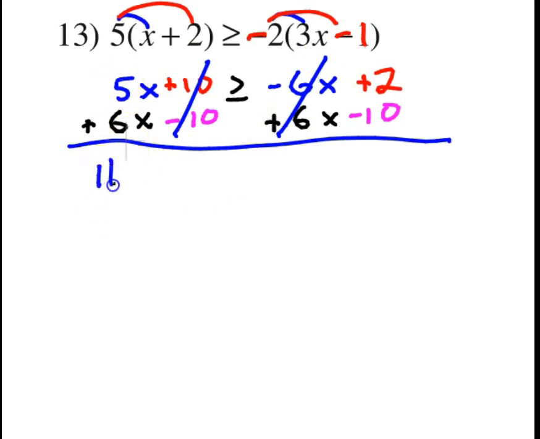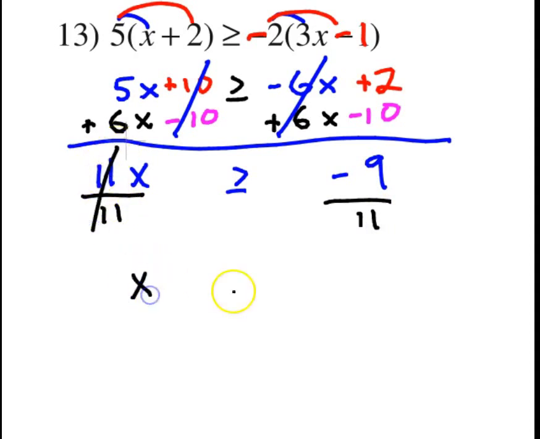We have 5 plus 6 is 11. And negative 10 plus 2 is negative 9. And go ahead and divide both sides by 11. And don't worry that 11 doesn't go into 9. It just means your answer is a fraction. And we just leave it as negative 9 over 11. Don't change anything.